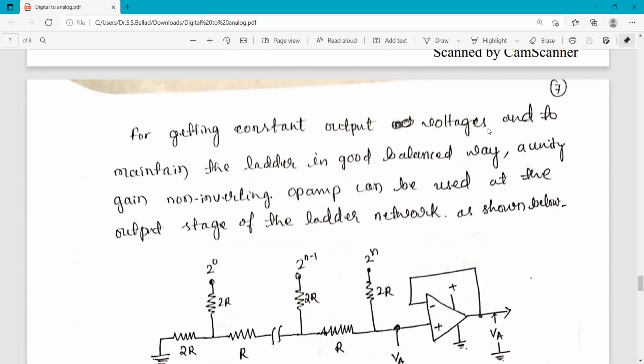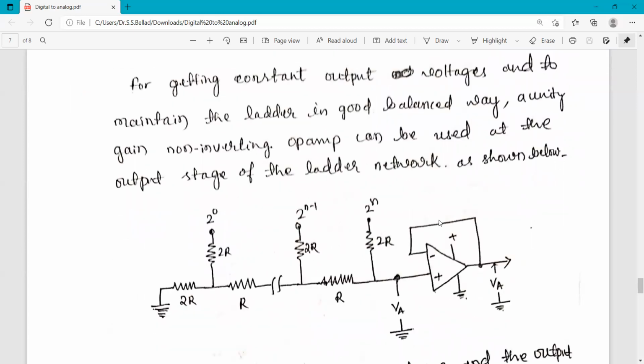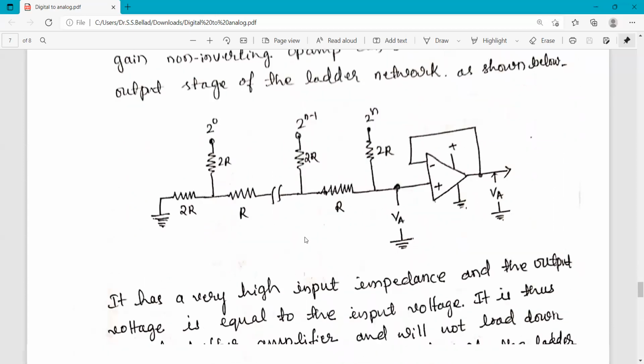For getting constant output voltages and to maintain the ladder in a good balanced way, a unity gain non-inverting op-amp can be used at the output stage of the ladder network. Unity gain non-inverting op-amp means it is a buffer, so that is generally used.